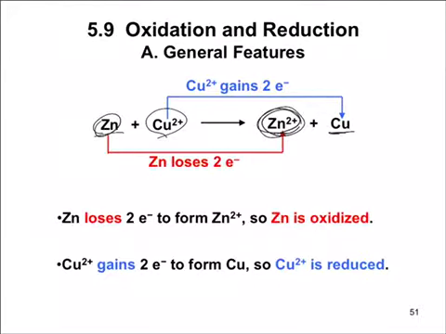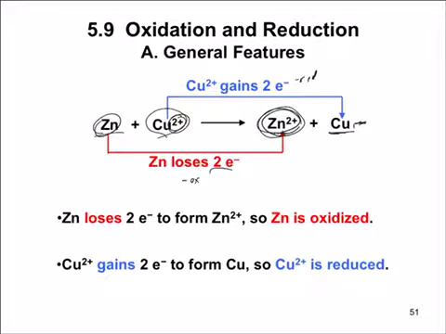So that means this was oxidized by 2 electrons. Copper went from having a 2+ charge to not having a charge at all, gaining its full complement of electrons. That means the copper was reduced.